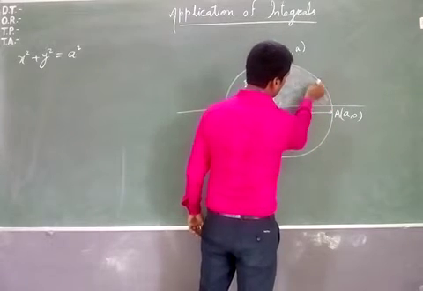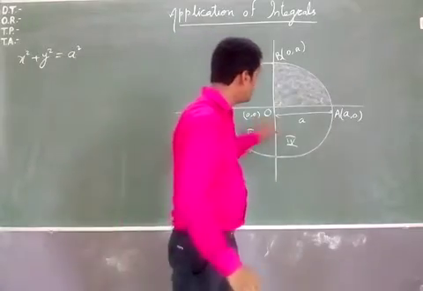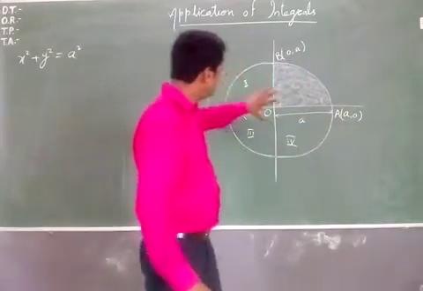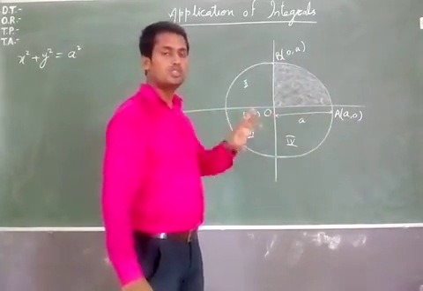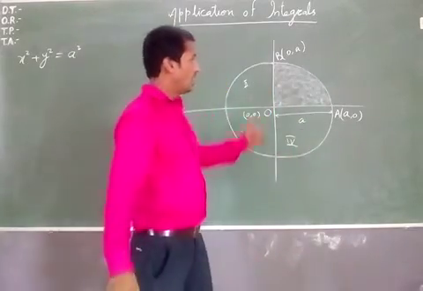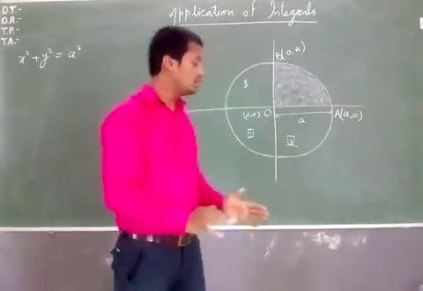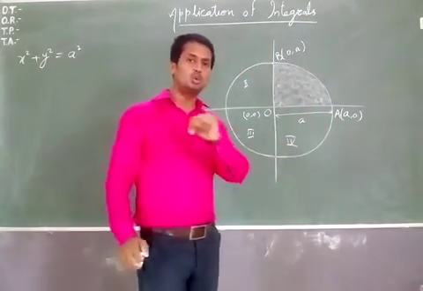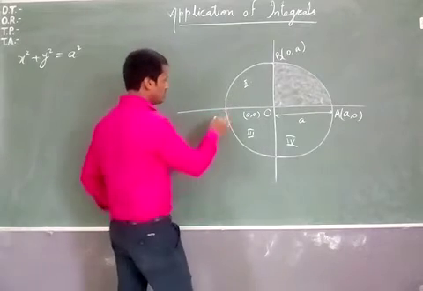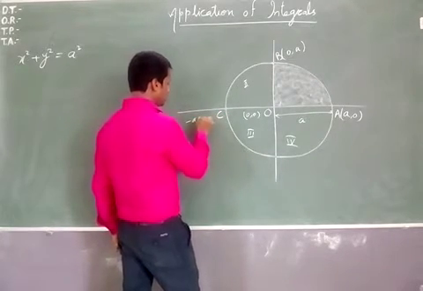In the first quadrant at the interval 0 to a, we will multiply by 4 because we have 4 parts: first, second, third, fourth. At the interval 0 to a, we can divide the given circle into 2 parts. We can write here the coordinate of C as minus a, 0.